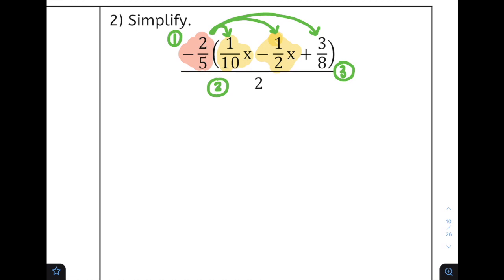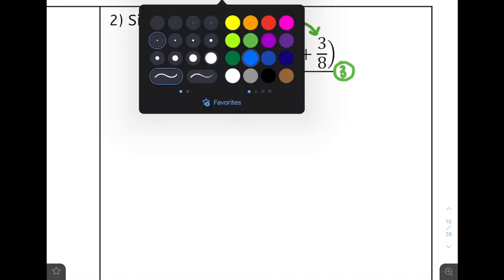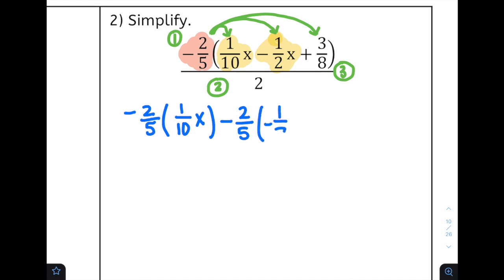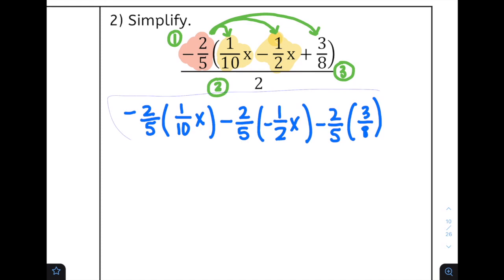Since I showed combining in the other problem, I'm going to show you how you can do it just multiplying everything out with the distributive property. So I have negative 2/5. I'm going to multiply 1/10 x. We have negative 2/5 times negative 1/2 x. And then negative 2/5 times our 3/8. So I'm going to make sure I'm multiplying.